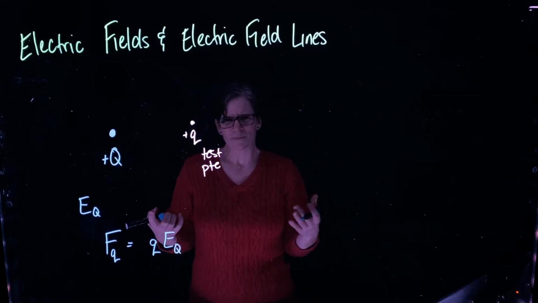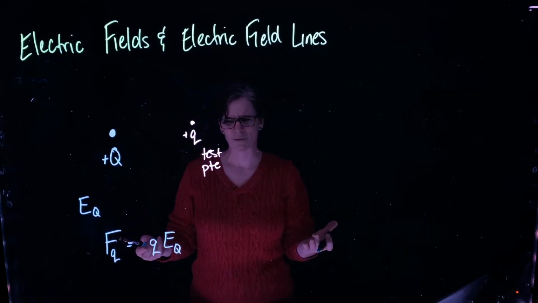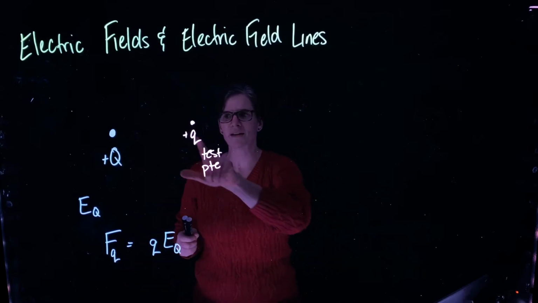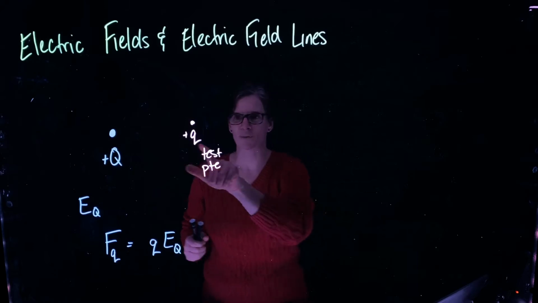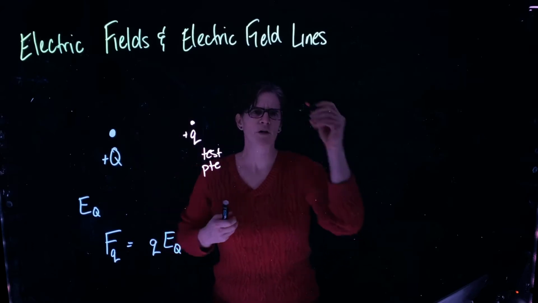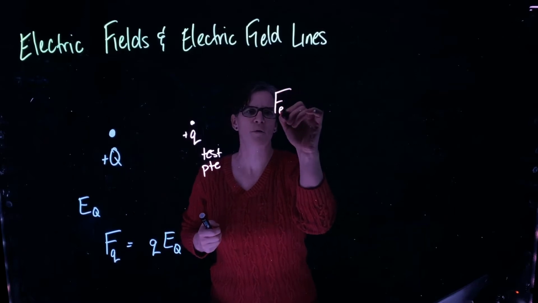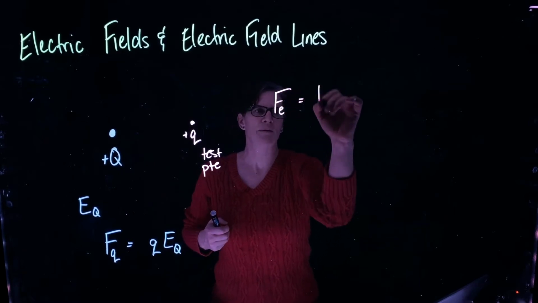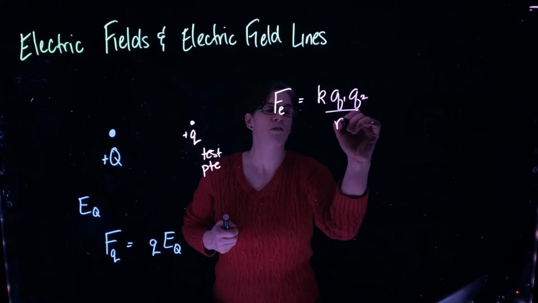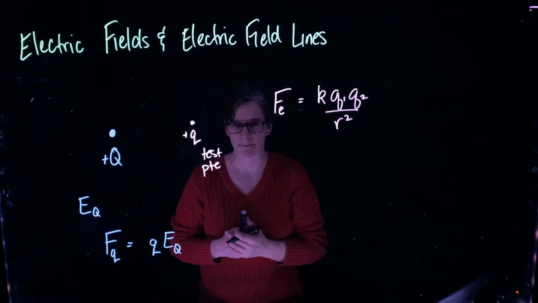Well, what's the electric field maybe related to? Let's go back to Coulomb's law and remind ourselves what the force by Coulomb's law would look like on this little q. So if I recall Coulomb's law, the electric force is equal to K Q1 Q2 over the radius squared, the distance between them.